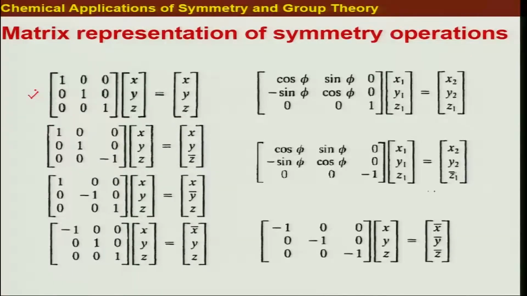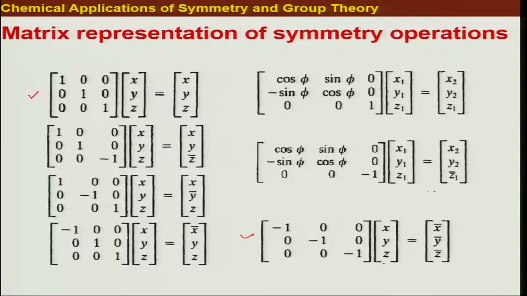Okay. So if we look at other symmetry operators and their matrix representation and then operate on these x, y, z coordinates, we will find out whether really all of these matrix representations work parallel to these symmetry operators. So here this matrix corresponds to the inversion operator.